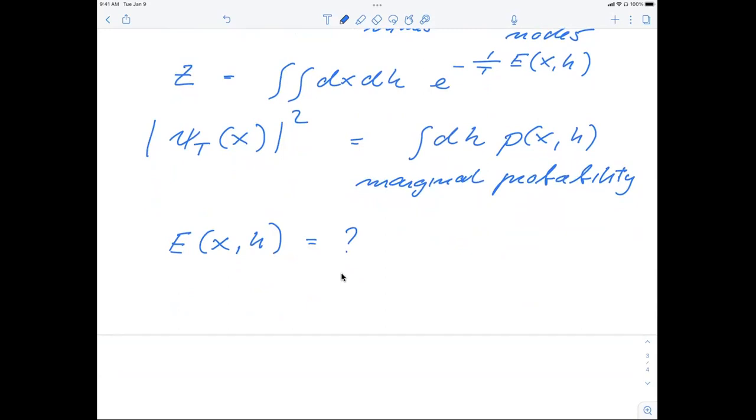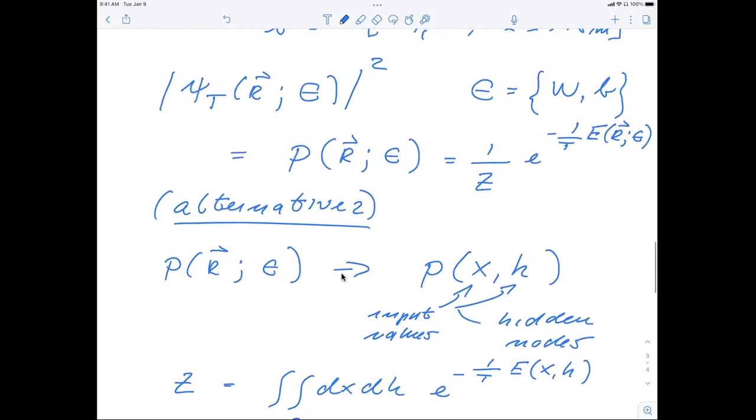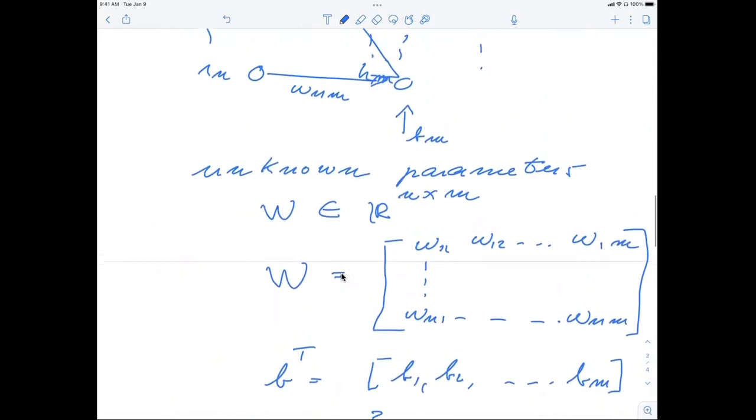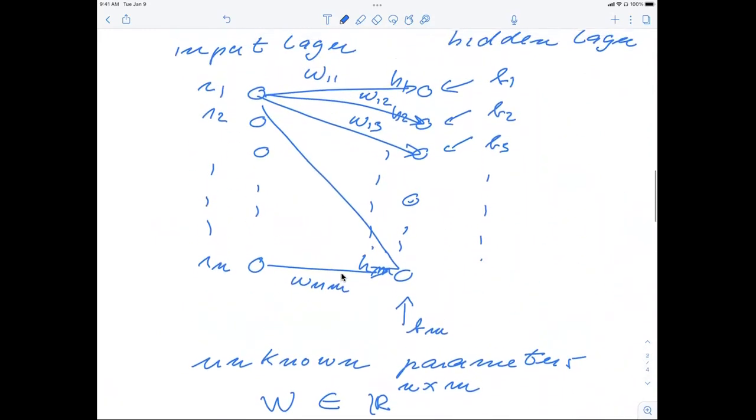Now, these Boltzmann machines, which we are going to look at, if we go back to the figure which we have here, are normally called restricted Boltzmann machines. They're called restricted because we are not allowing for connections between the nodes in a given layer.